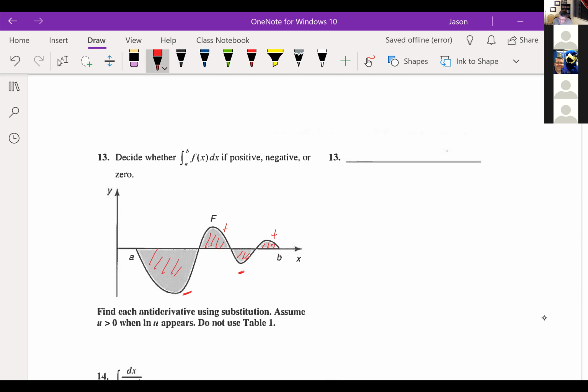Well, which is more? Is the negative area more than the positive area? Or is the positive area more than the negative area, or are they equal? So, think of this as negative sand on the bottom, and positive sand on the top. Which are you going to have more of? Well, I'm going to have more of the negative. So negative. Okay, so area under the curve, under the x-axis operates as a negative value.